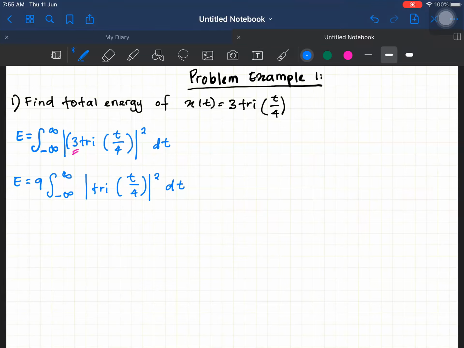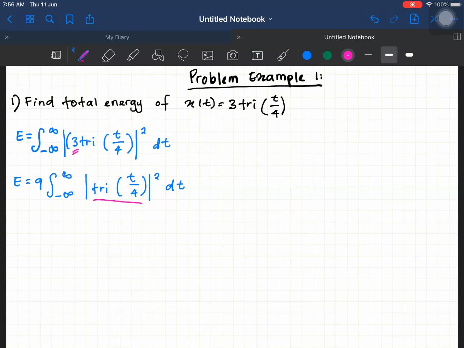Now when we arrive here, we can replace this inner part with the definition of the triangular signal.